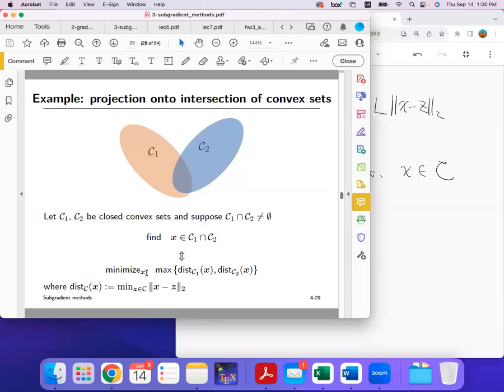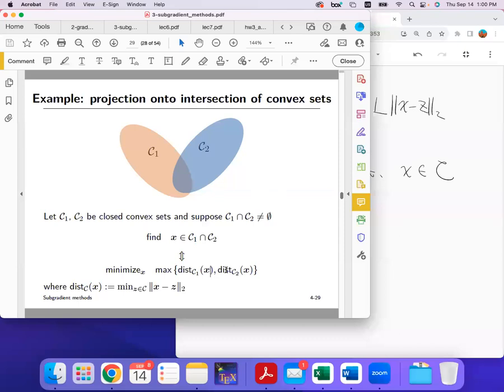So ideally, if you can find an x that makes this term 0, then both of these distances will be 0. And that implies that x must be in C1 and x must also be in C2.